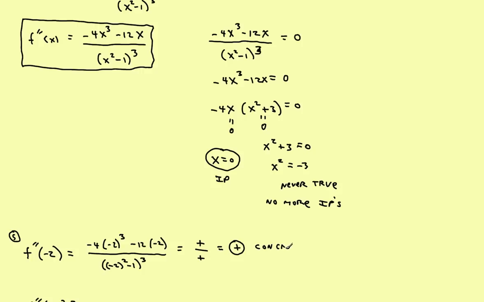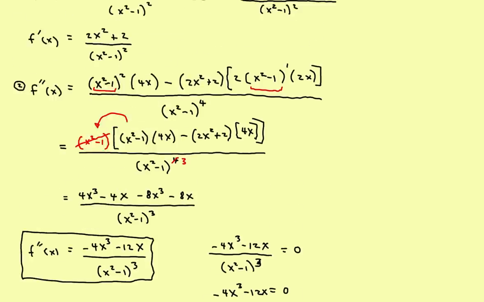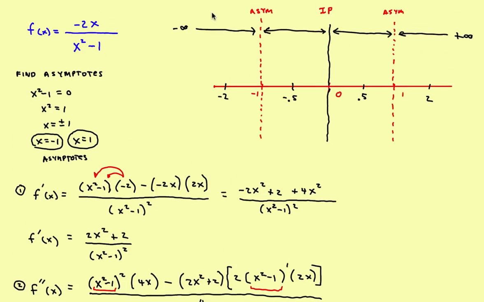So I know the graph is going to be concave up, and that's going to be in the interval from negative infinity to the first asymptote, which would be at a -1. So if we looked at our graph up here, it tells you that it's going to be concave up in this interval right here.